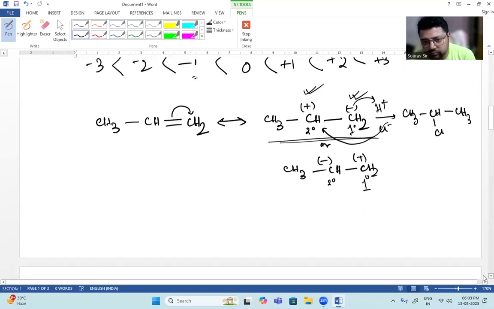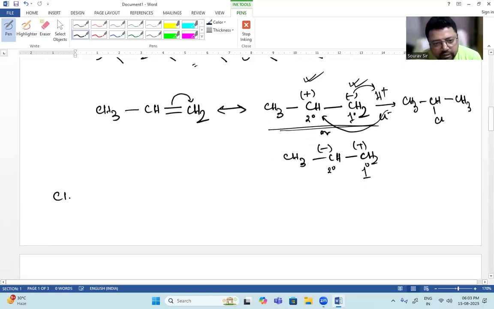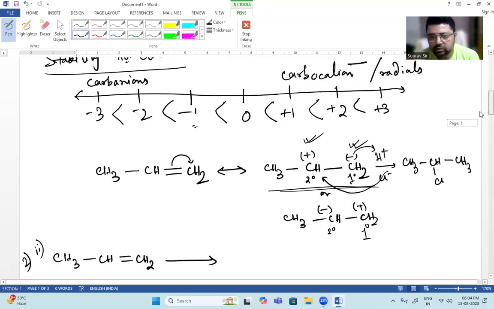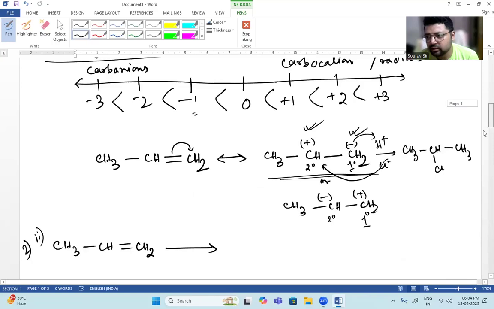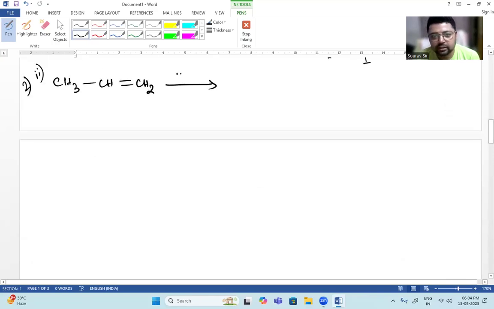Now if the same thing is given but the reagent has been changed. This was only HCl. Suppose you are giving HBr and H2O2, peroxide.